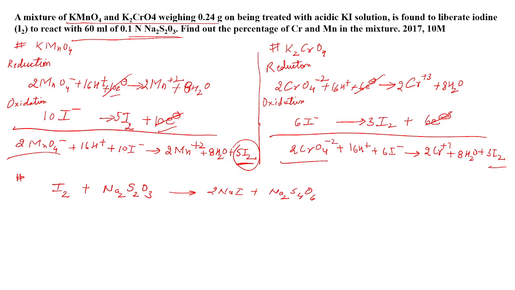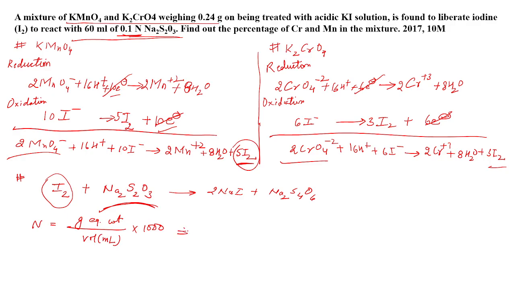Now still we need to find out how much iodine is liberating. Obviously, whatever amount of this solution is used, that amount of iodine is liberated during the above two reactions. So how are we going to find it out? Here you can see that normality is given, right? So what is the formula for this normality? It is gram equivalent weight divided by volume in ml multiplied by 1000, right?